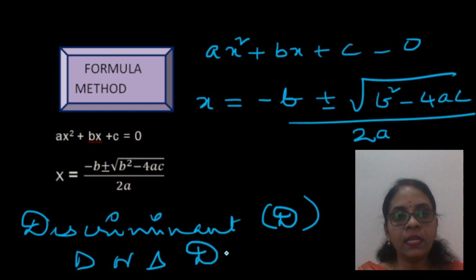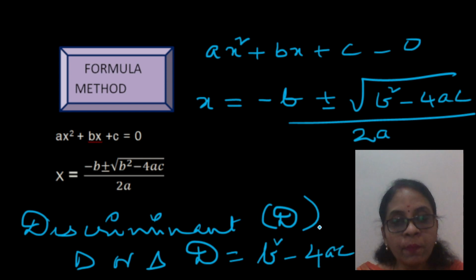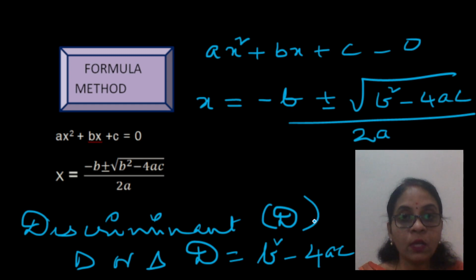So this d is equal to b square minus 4ac. More about discriminant you will know shortly when we do nature of roots. So what is the formula of a quadratic equation? It is minus b plus or minus root over b square minus 4ac by 2a.